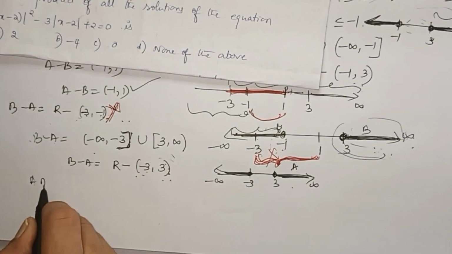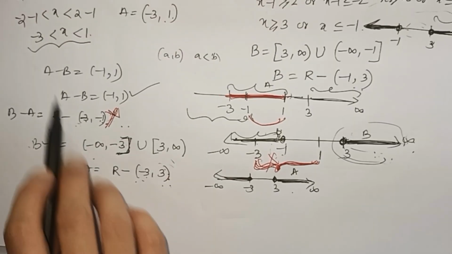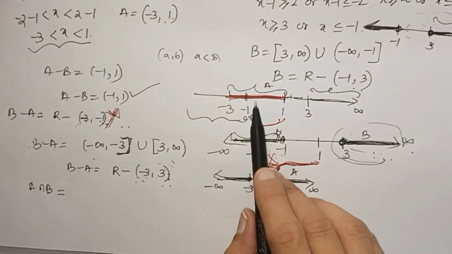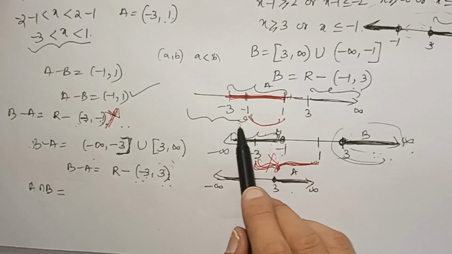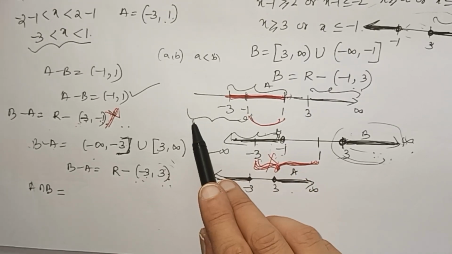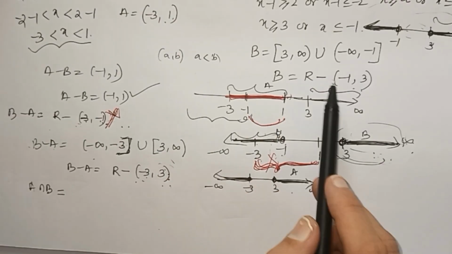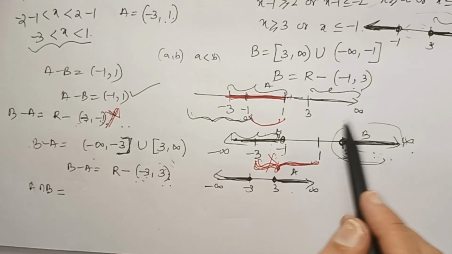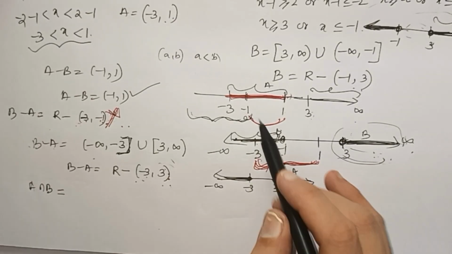So you can check with A intersection B. What is A intersection B? The common elements. A is minus 3 to 1, red colored, and B is minus infinity to minus 1, here this bracket, and then 3 to infinity. Which are the common elements?